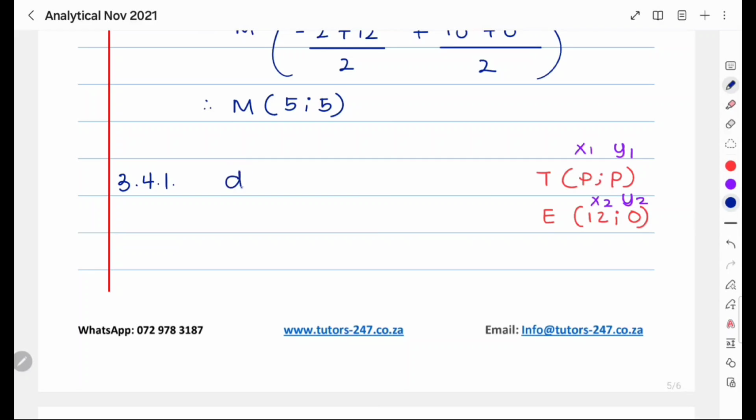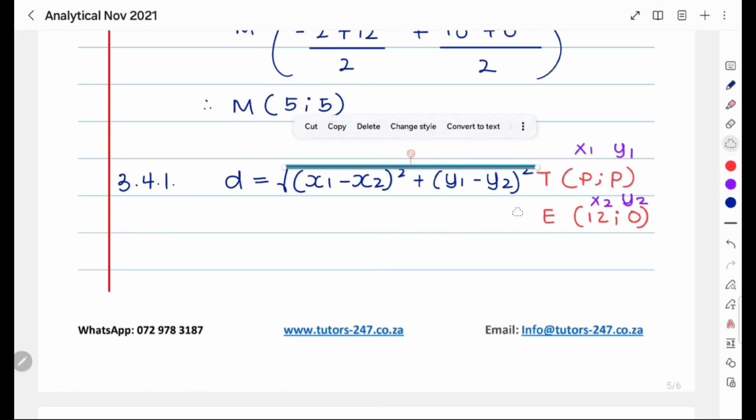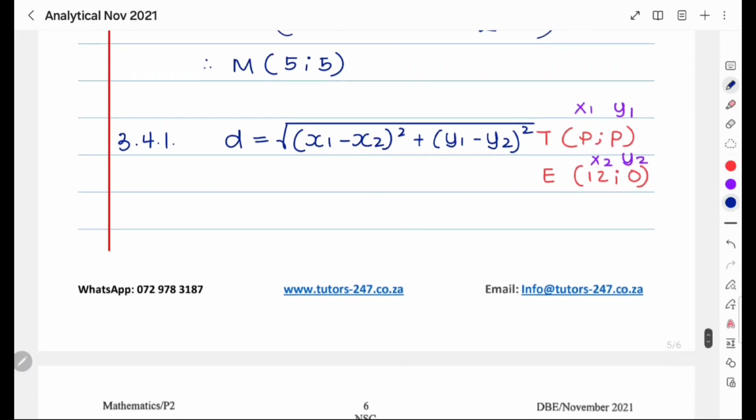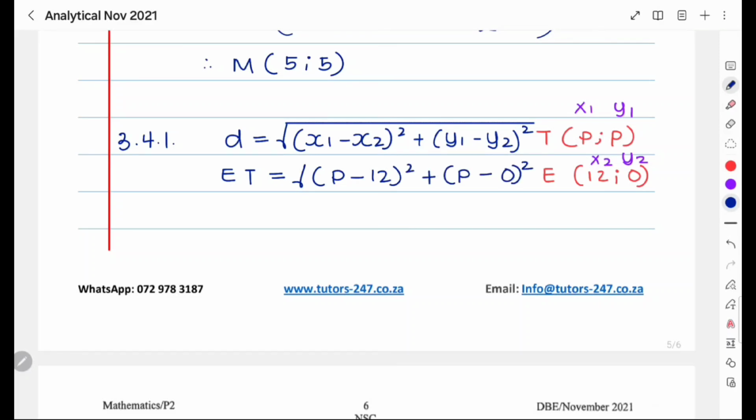From here, our distance formula is d equals the square root of x1 minus x2 squared plus y1 minus y2 squared. We can substitute. Keep in mind this is the distance ET. So that is going to be P minus 12 squared plus P minus 0 squared.